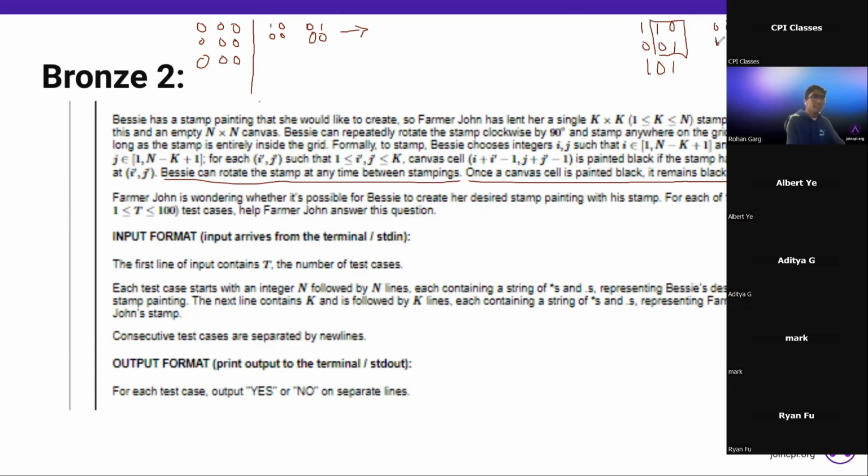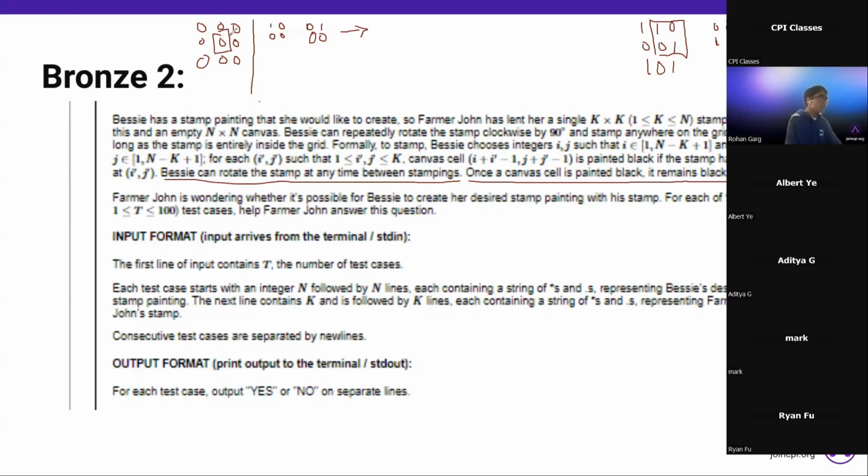If we stamp with this stamp, then in our empty grid, this value in the middle right here becomes 1. And since it became black, it remains black, and we can't change this. This is bad because if this is black forever, then we can never possibly get the real grid that we want.